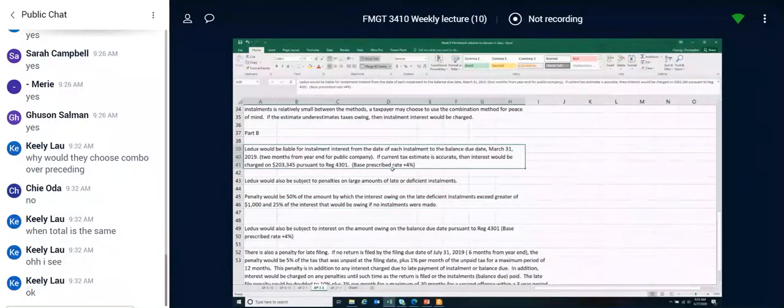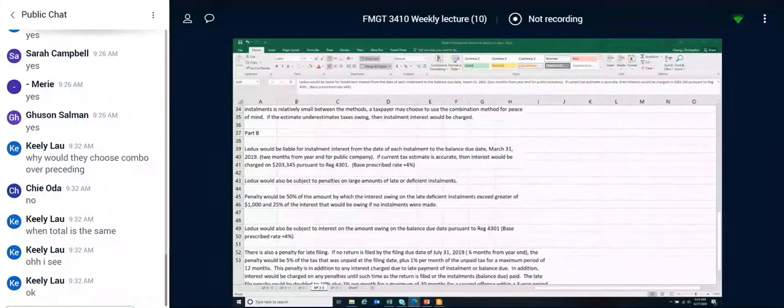What they'll say is, we're going to just ding you installment interest all the way to the balance due date.